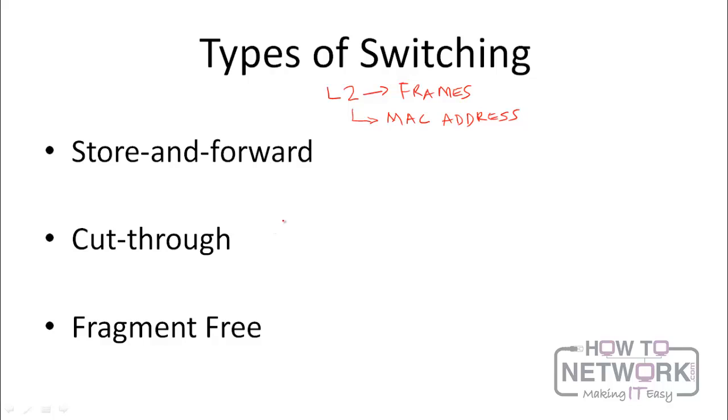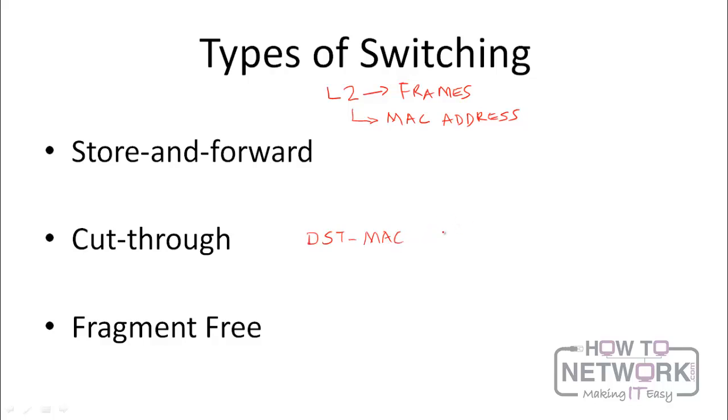The second one is cut-through. Cut-through was introduced because the store and forward method takes a lot of time, because when you store the frame first and then forward it, you have to have a lot of memory space, and you have to completely store it before you forward it. So what cut-through does is that the switch just tries to find the information it needs for forwarding, which is usually the destination MAC address.